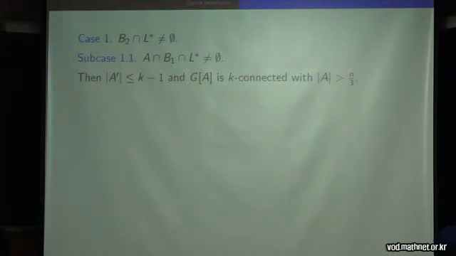Okay, so let's see. If I can complete this part. So A prime is at most K minus 1.